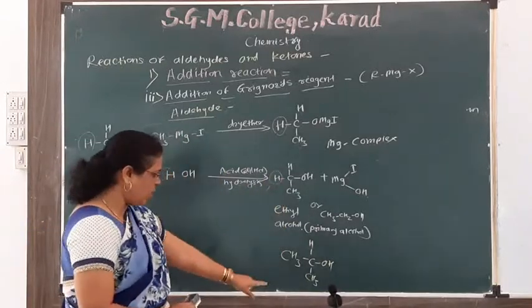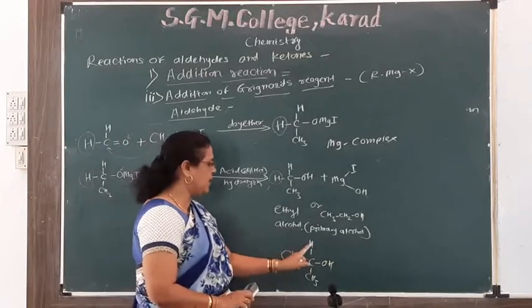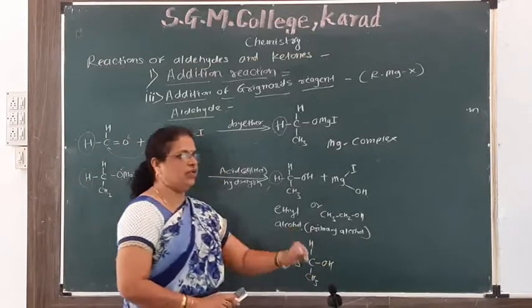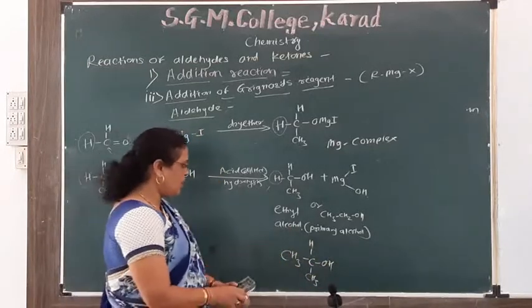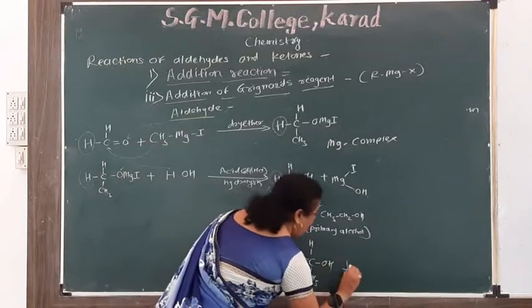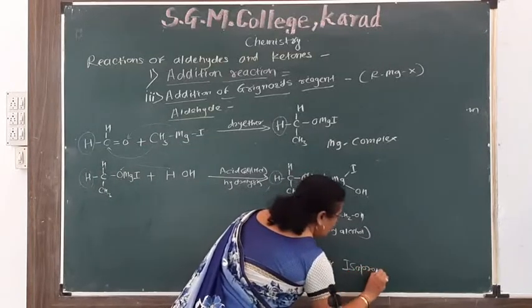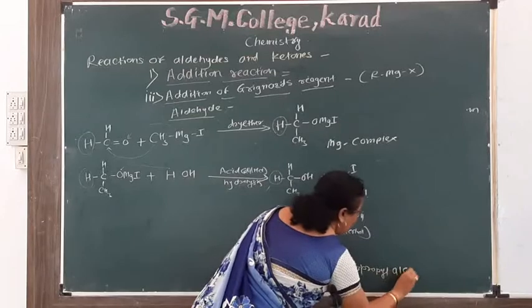Then we get the product CH3CHOHCH3, and the name of this product is isopropyl alcohol.